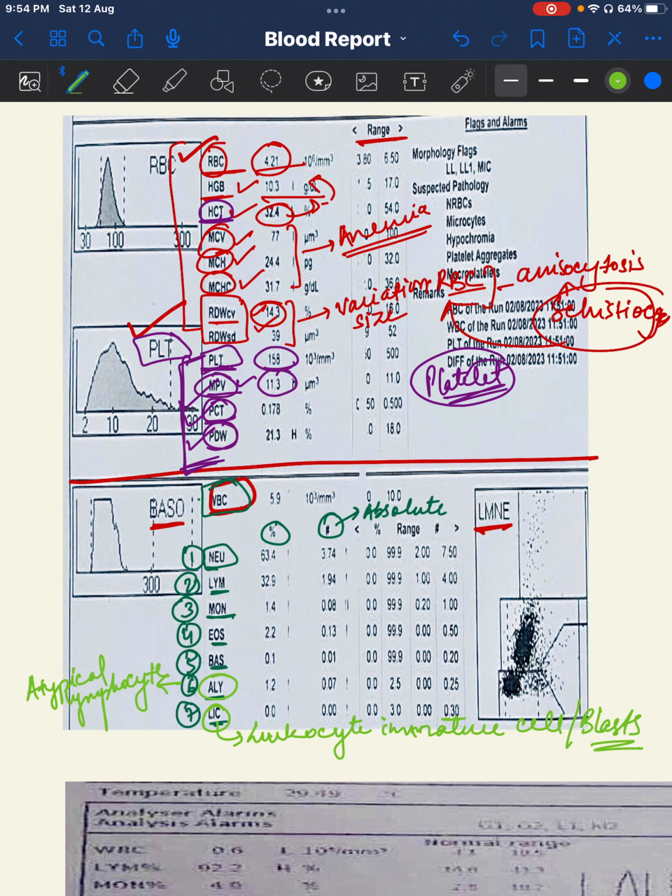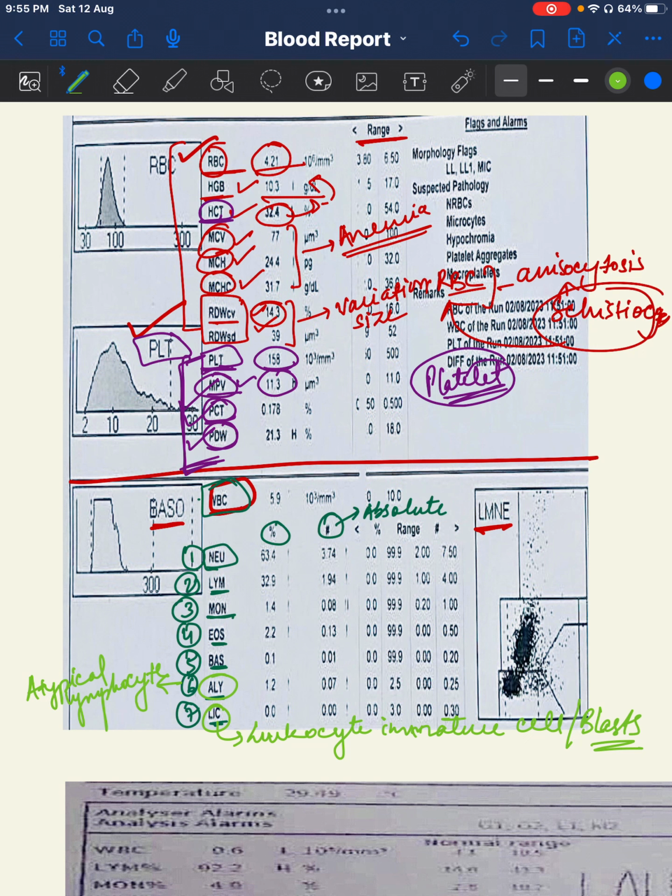Okay. So apart from telling me the routine neutrophil, lymphocyte, monocyte, eosinophil, basophil, which are normally present in the blood, basophil is like 0 to 1%. These are the routine blood cells. If your Coulter is telling you about atypical lymphocytes also and the immature cell counts, then it tells you about the 7 parameters.